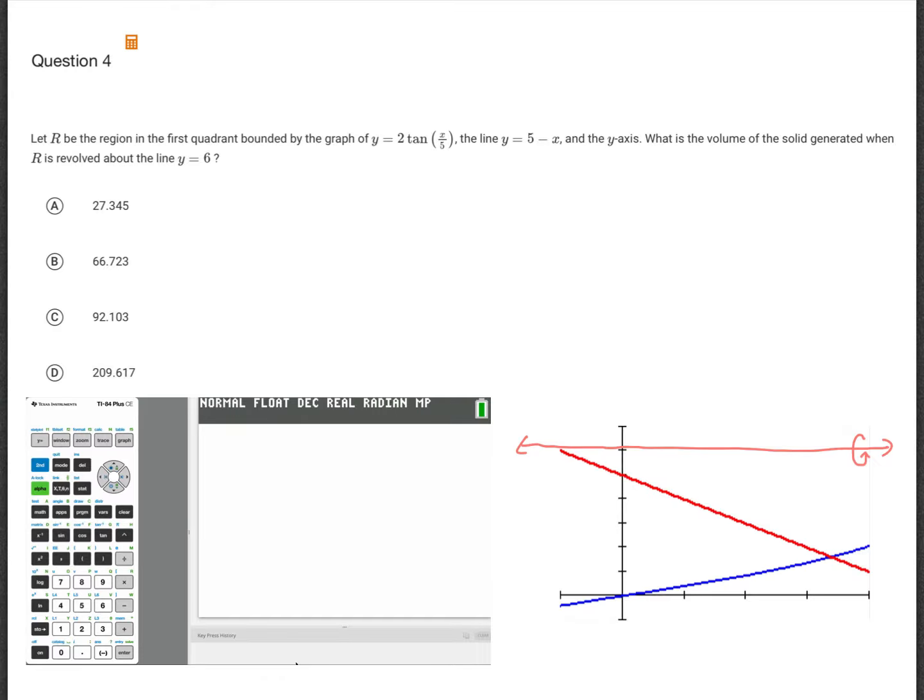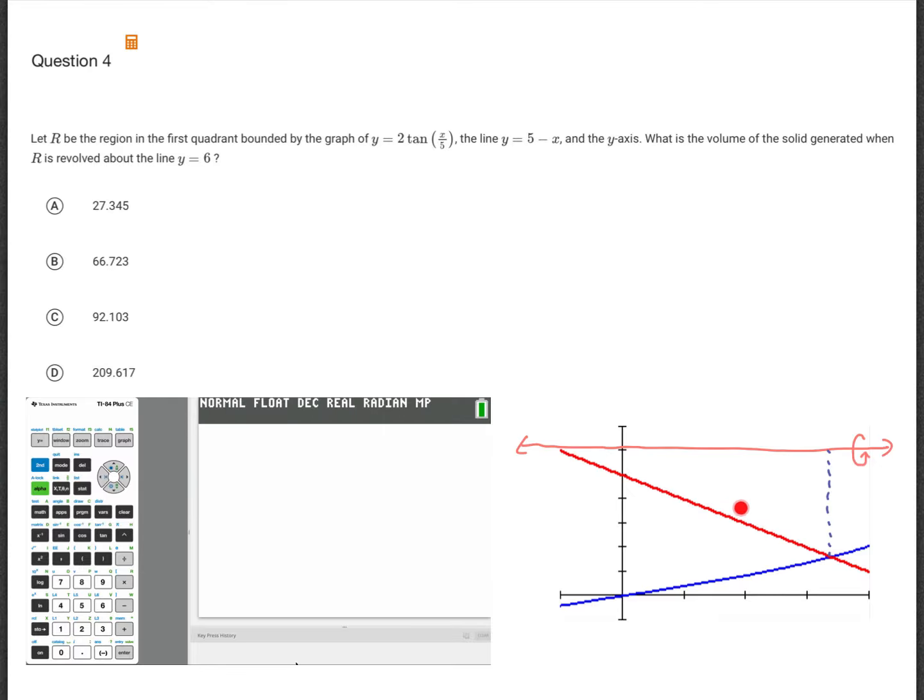Okay, the fact that we're hollowing out this volume, what that means is we're really going to find the volume when we take all this area from the line y equals 6 to the blue line, and revolve that around the line y equals 6.